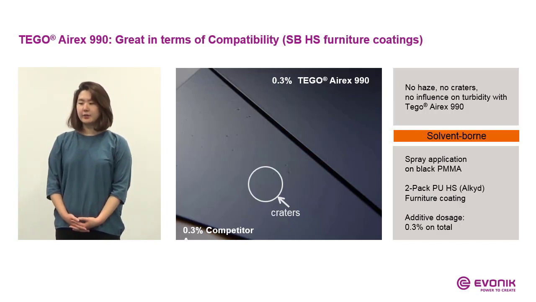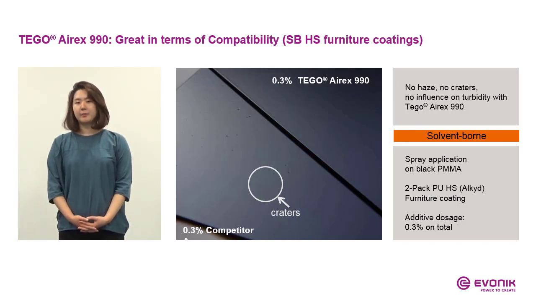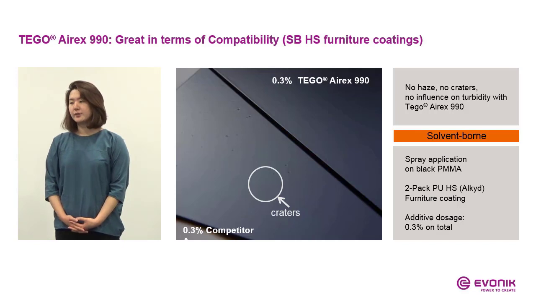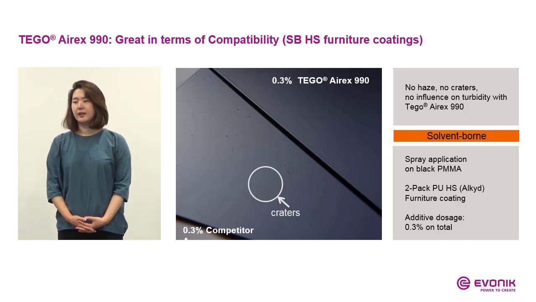On the left side, you see some craters by adding 0.3% of the competitors, and on the right side, by adding 0.3% of TEGO Airex 990, you see no haze, no craters, no influence on turbidity, and no pinhole effects.